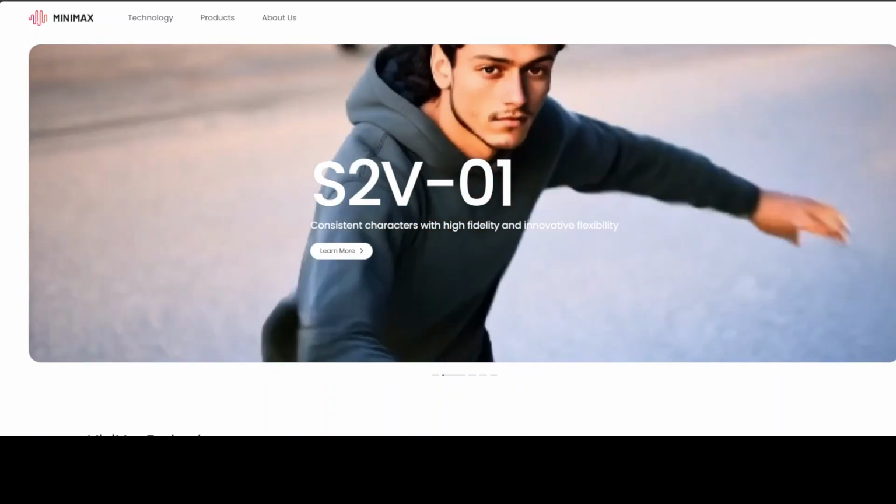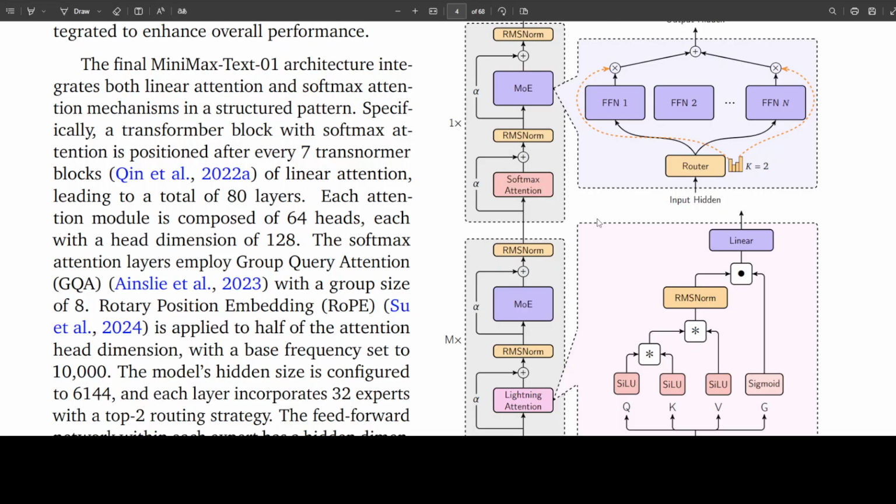Now, if you look at its architecture, which explains all of this from their paper, and I will drop the link to it in the video's description. Other than that, in a bit more dense language, what it is doing here is leveraging advanced parallel strategies and innovative compute communication overlap methods such as linear attention sequence parallelism, plus it is also using VarLen ring attention and expert tensor parallel.